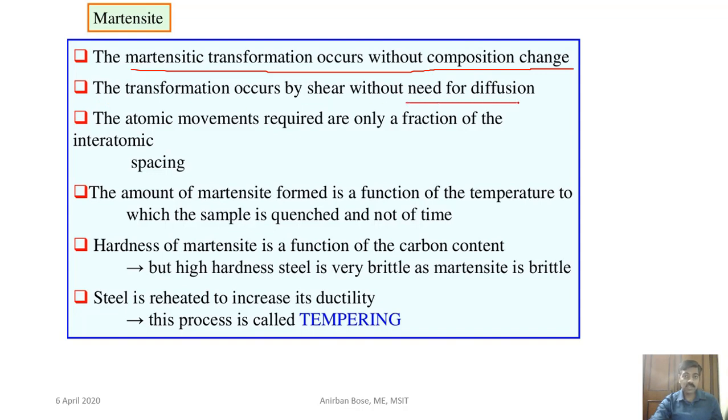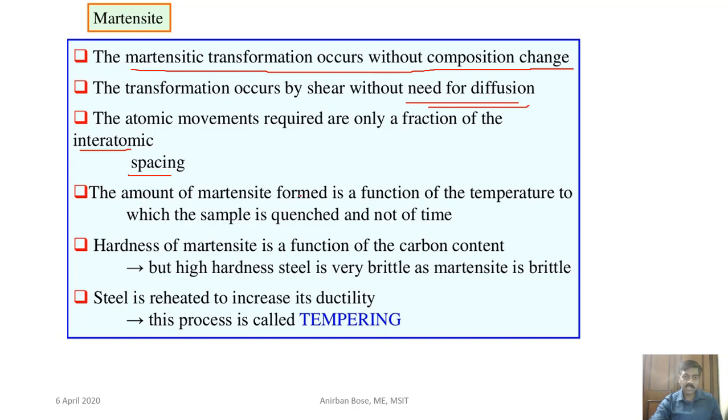There is no need for diffusion, that is the most important thing. Only because of the shear, the crystal structure changes from FCC, it is converted into BCT. Okay, and the atomic movements required are only a fraction of the interatomic spacing. So atomic movements are very small.